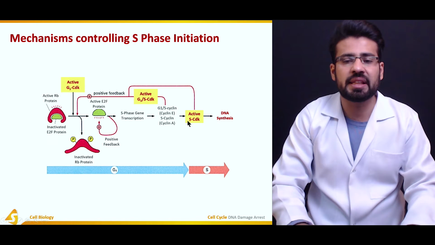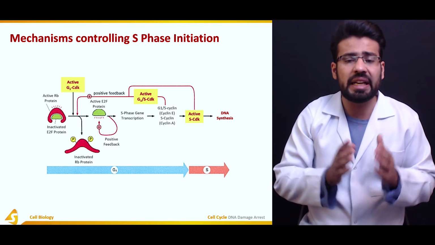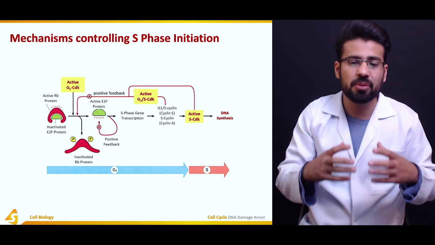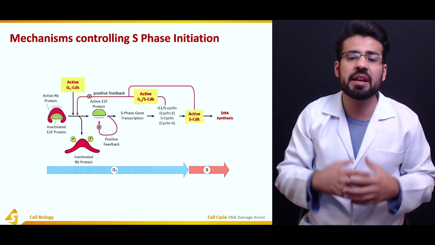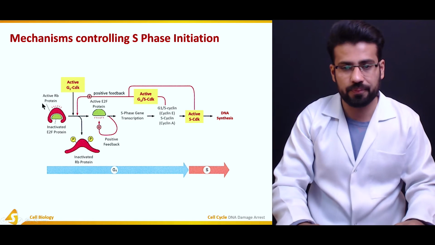So this active S cyclin sends a positive feedback loop, along with the active G1 to S cyclin CDK, to positively regulate the activation of the E2F protein by the inactivation of the retinoblastoma, through its phosphorylation in the presence of the G1 CDK cyclin complex molecules.